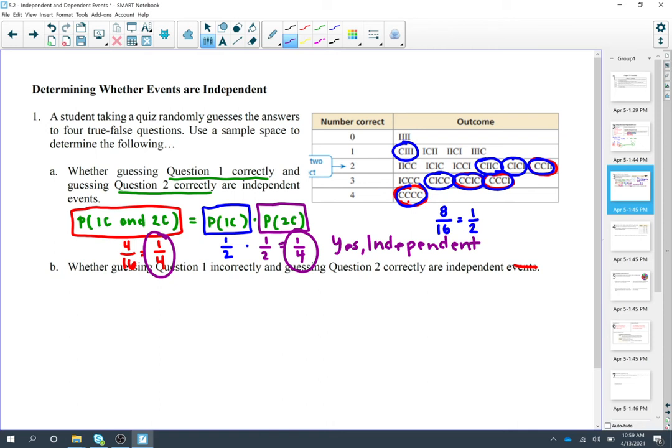Part B, figure out whether or not guessing question 1 incorrectly and guessing 2 correctly are independent events. So now we're trying to do the probability of 1 incorrect and 2 correct should equal the probability of 1 incorrect times the probability of 2 correct.